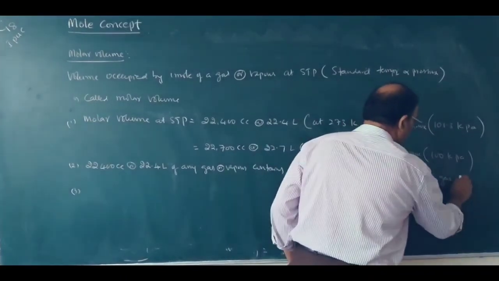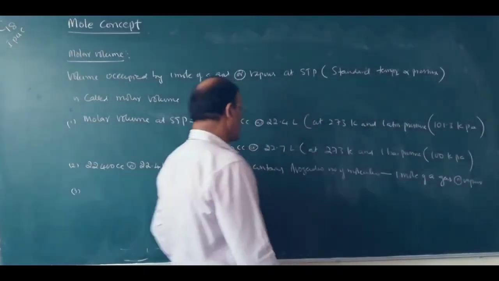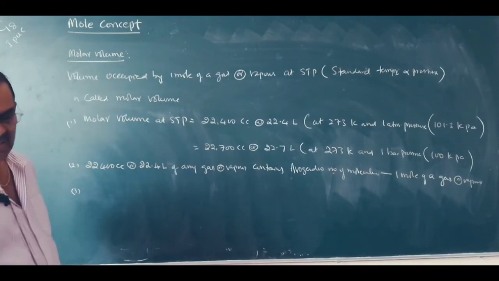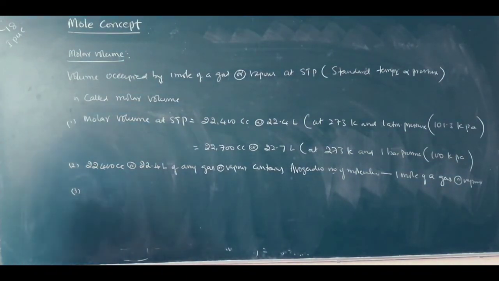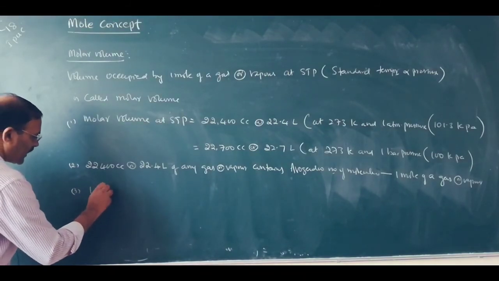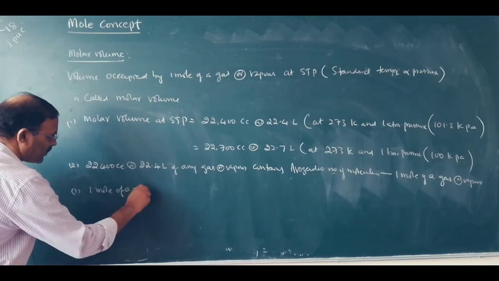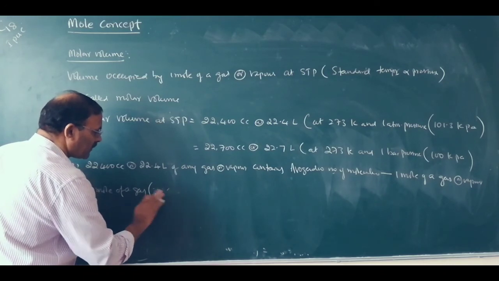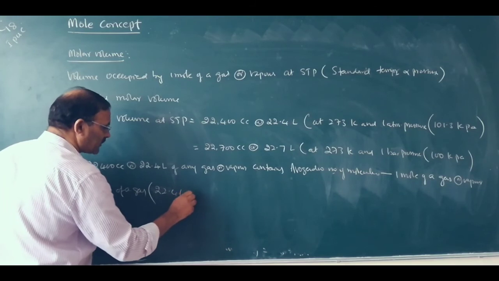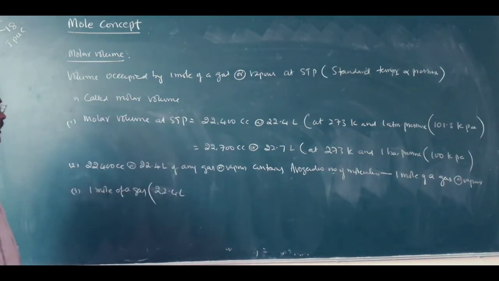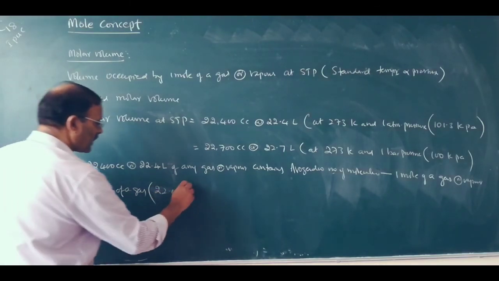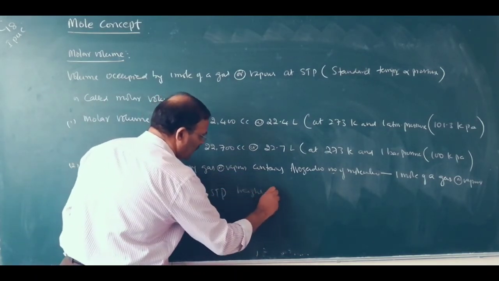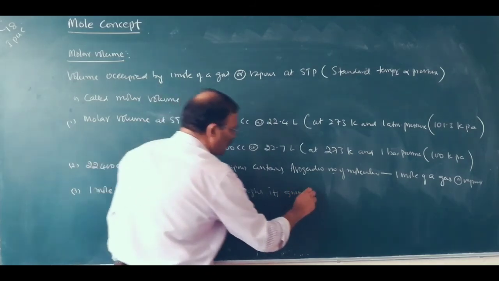Since this volume contains Avogadro number of molecules, this volume is called 1 mole of a gas or vapor. 1 mole of a gas means 22,400 cc or 22.4 liters, and at STP it weighs its gram molecular mass.